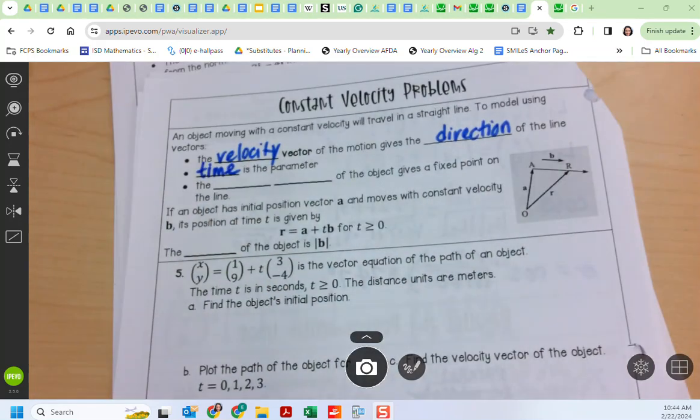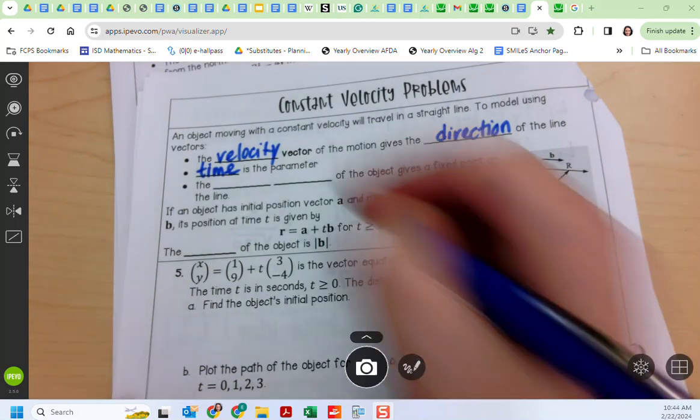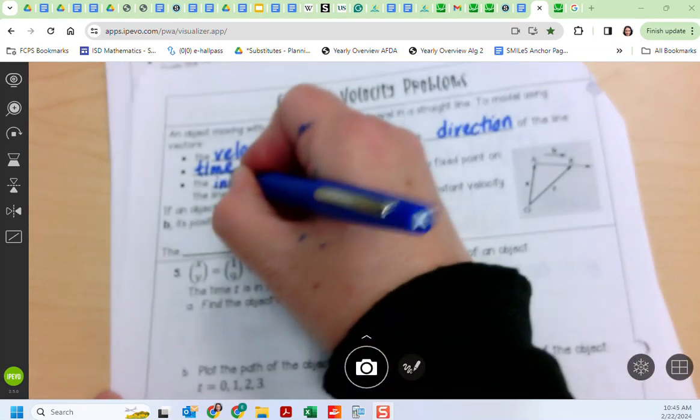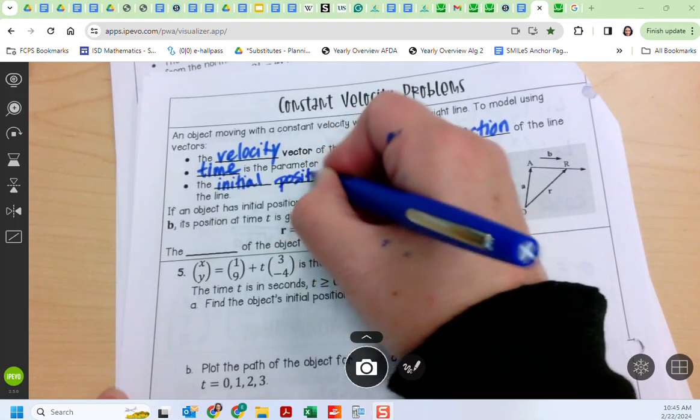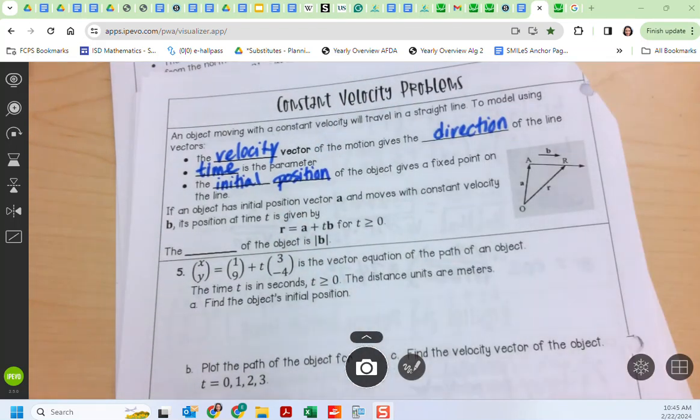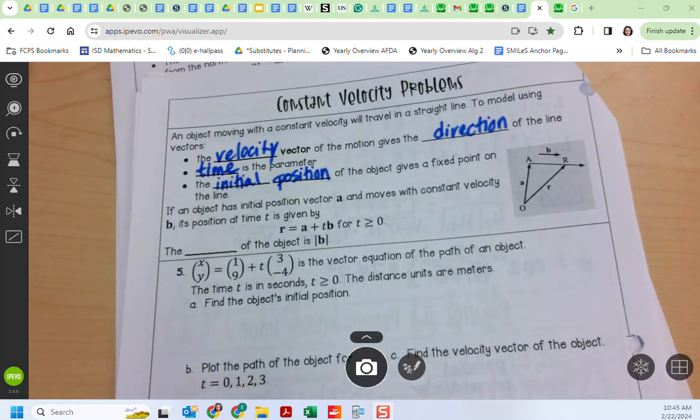So time is the most common parameter. The initial position of the object gives a fixed point on the line. So remember, your vector equations have a point on the line, and then they have a direction vector, which in this case would be the velocity vector.